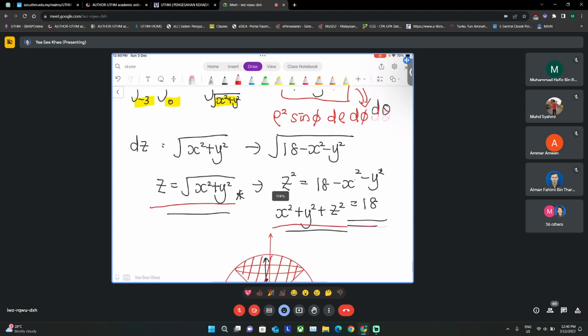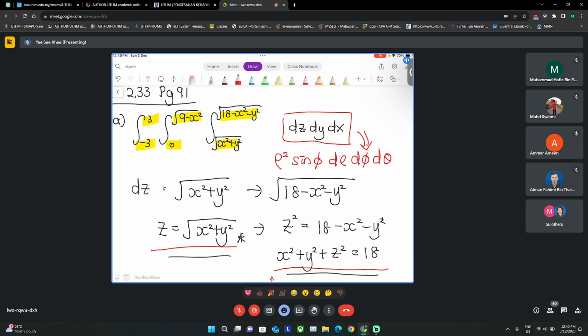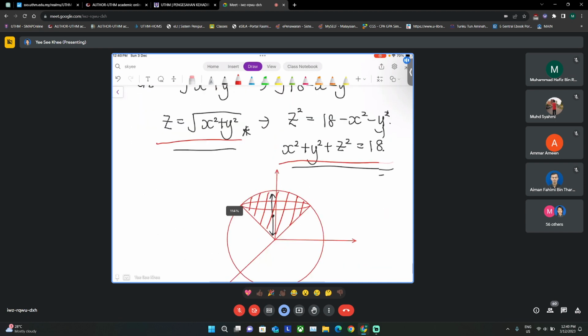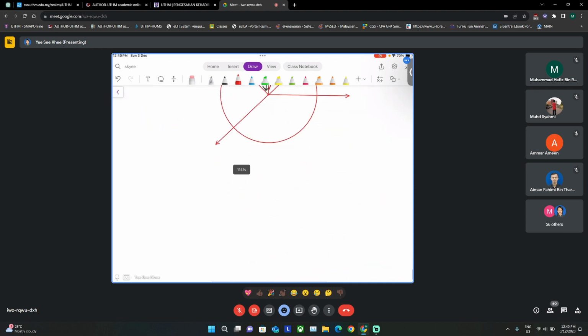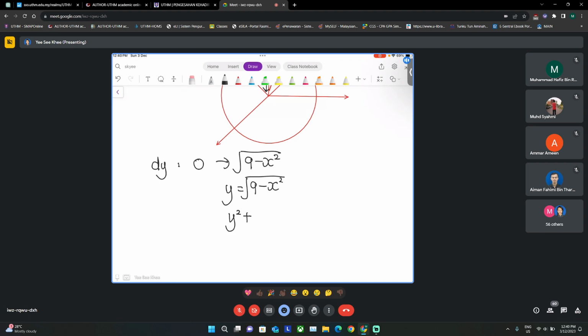Look at your dy. Dy is from 0 to the square root of 9 minus x squared. So you have one function here, the square root of 9 minus x squared, so y squared plus x squared equals 9.